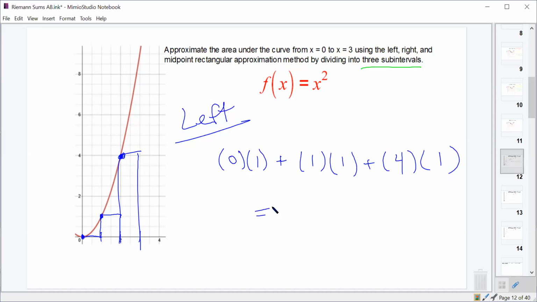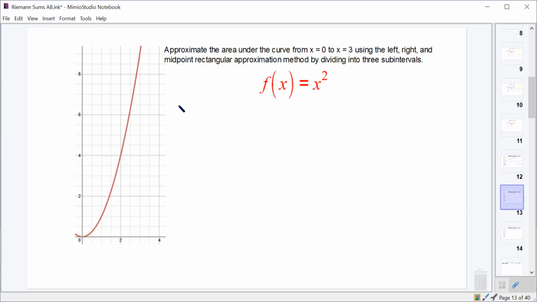And what do we get when we add them all together? 5 units squared. And clearly we know that this is an underestimate because why? We used a left rectangular approximation and our function was increasing, right? We left off a ton of space that was underneath here, didn't we? So in this case, that approximation was not very good at all. Would you agree with that? Yeah. All right.